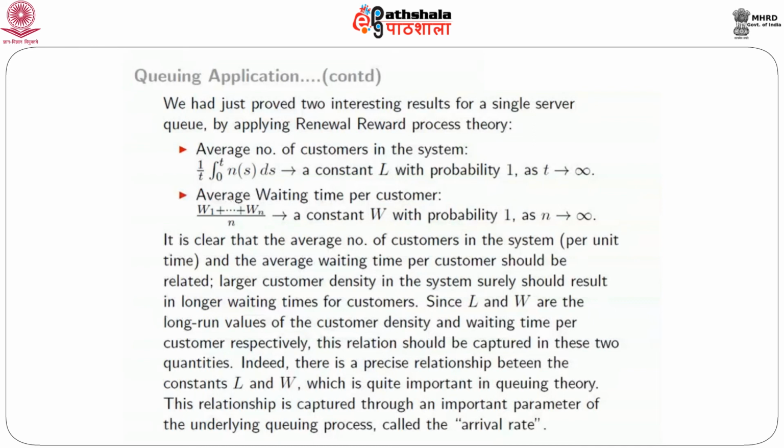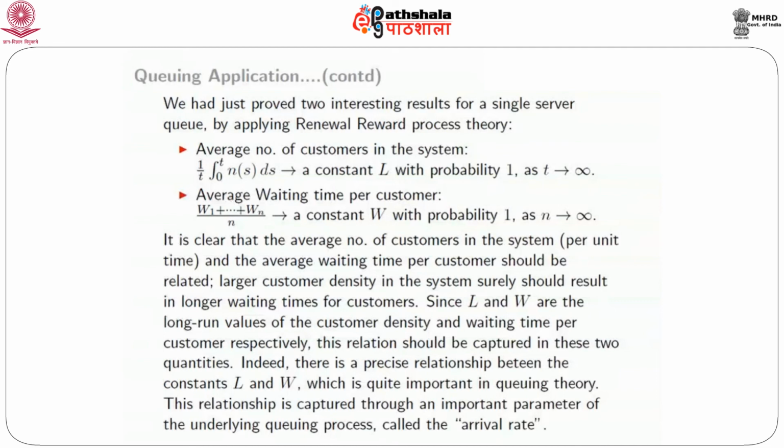So larger customer density in the system would surely result in longer waiting times for customers. That should be intuitively clear. Since L and W are the long run values of the customer density and waiting time per customer respectively, this relation should be captured in these two quantities.